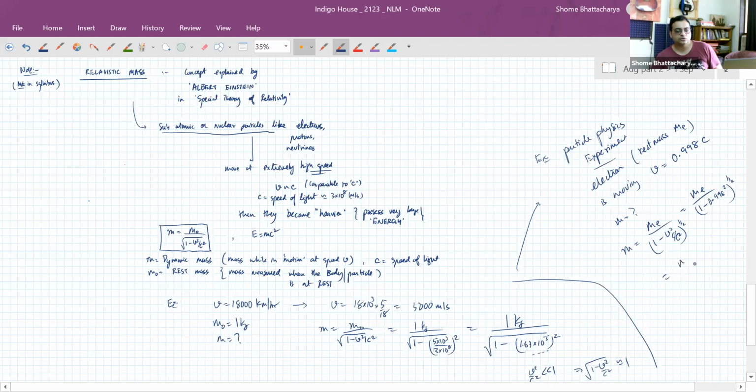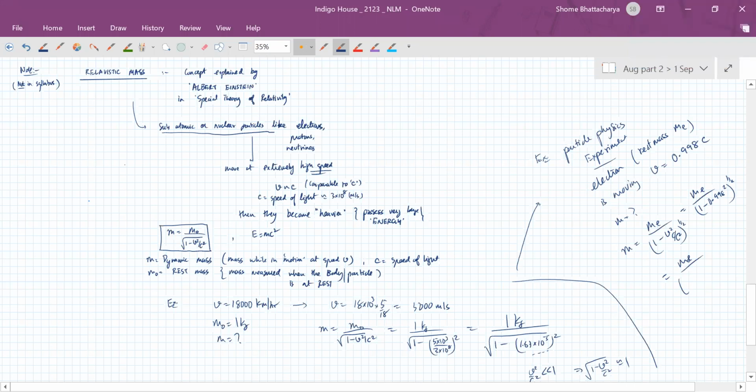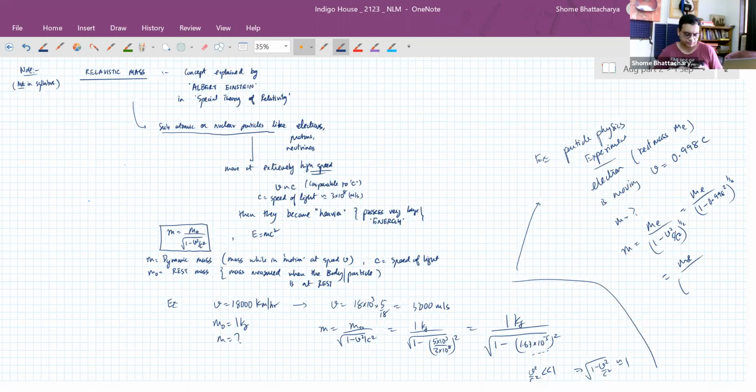Anything simple here, I'll do this by calculator. So first of all, 0.998 square will give you a term which is even smaller. It will be like 0.996004.